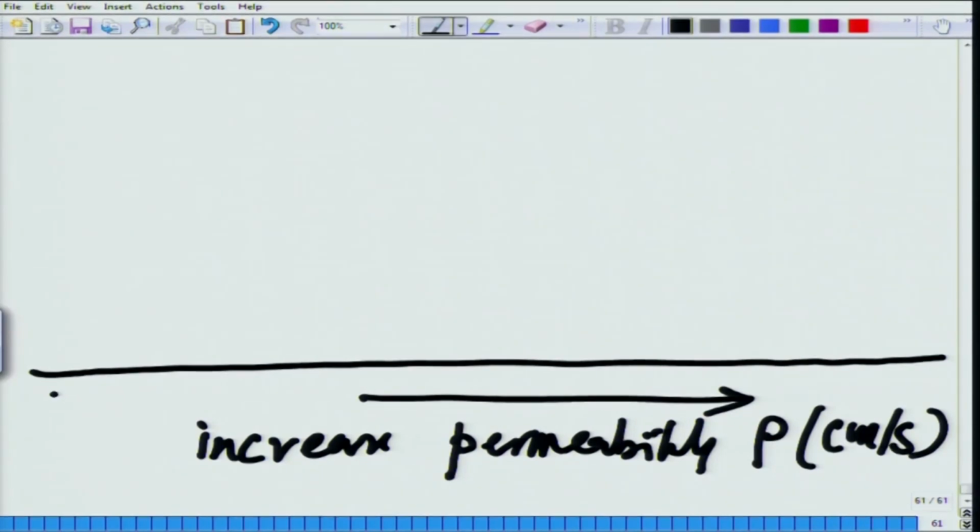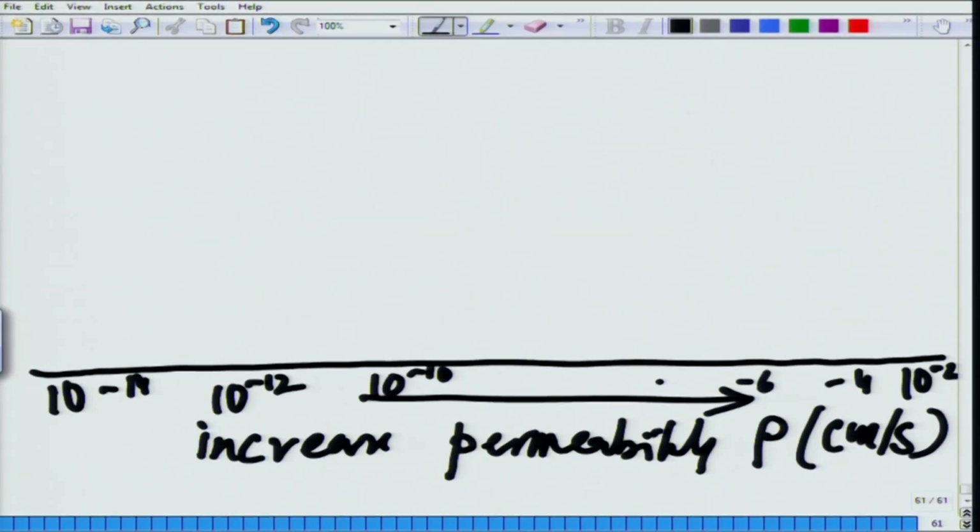Then if you look at it, 10 to the power minus 14, just putting the values, 10 to the power minus 12, 10 to the power minus 10. Likewise, if I move to 10 to the power minus 2, 10 to the power minus 4, 10 to the power minus 6, 10 to the power minus 8.